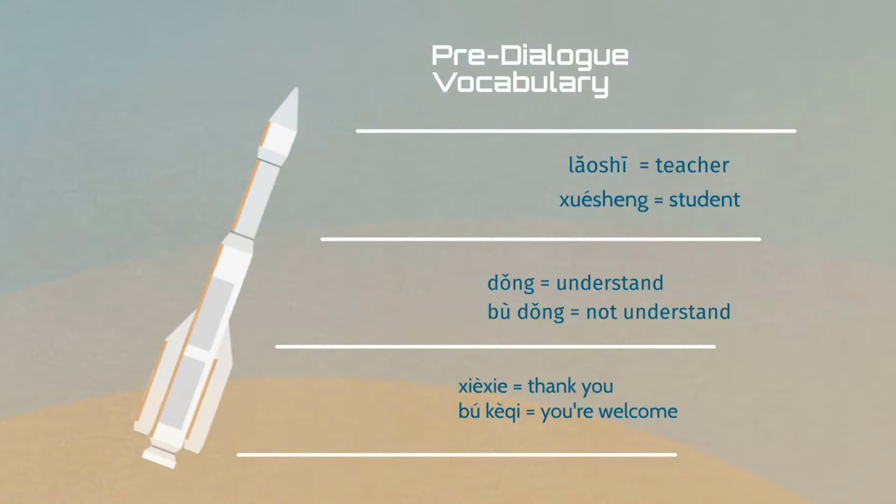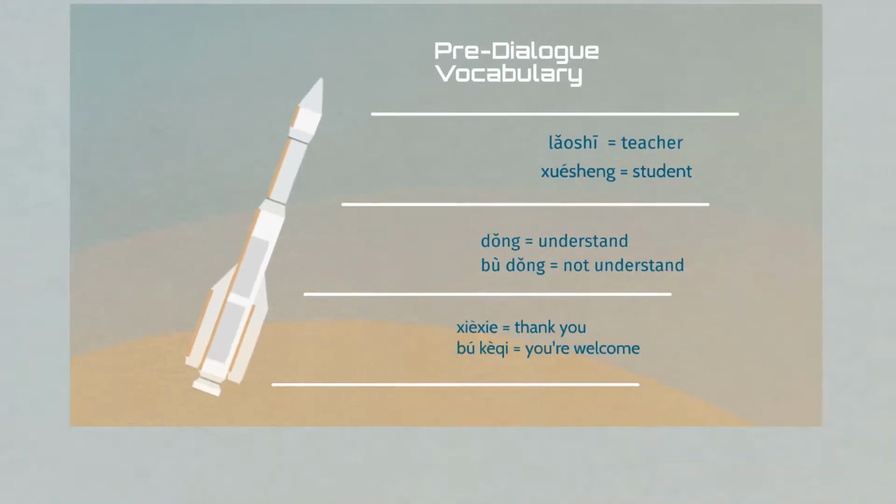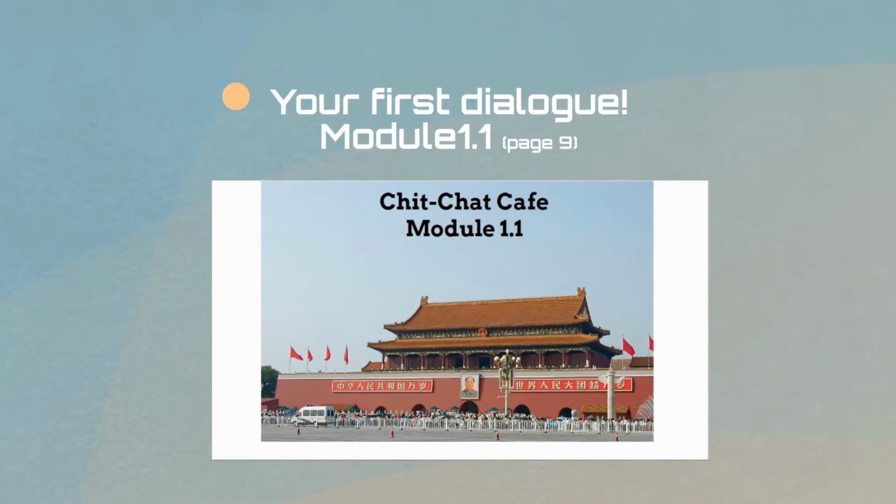Notice that 谢谢 is answered by 不客气. That's literally don't be polite. No need for politeness. All right, let's move on to our very first dialogue.